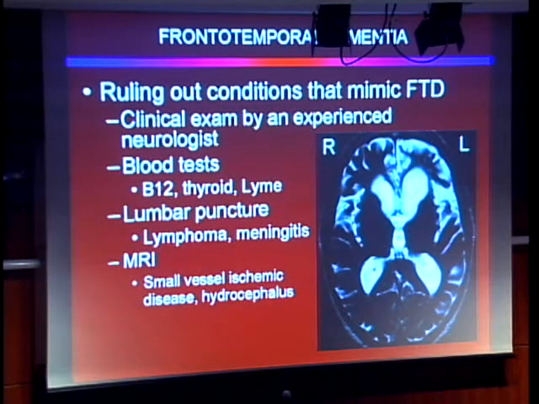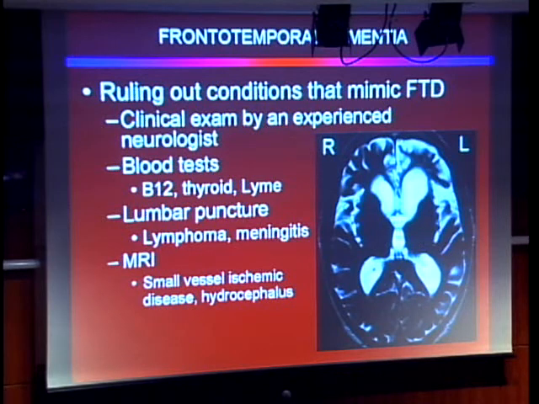This particular individual had significant difficulty with language. Language, many of you know, is represented in the left hemisphere. And what you can see here is some exaggeration of this white area around the frontal part of the left hemisphere.